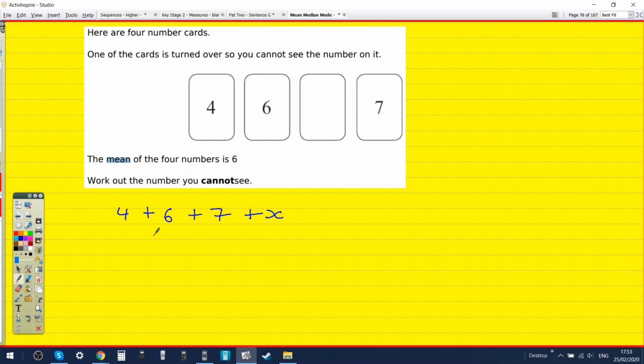So 4 add 6 add 7 is 17. And then it's 17 add x over 6. How many numbers are there? Oh, 4, sorry.